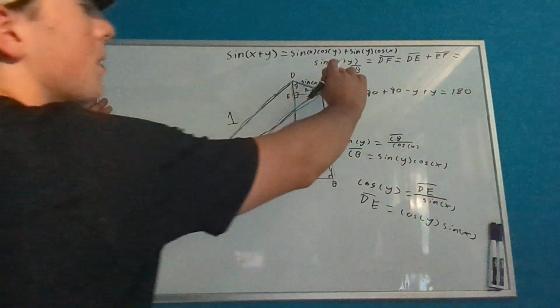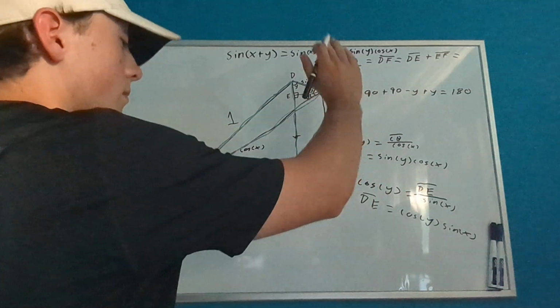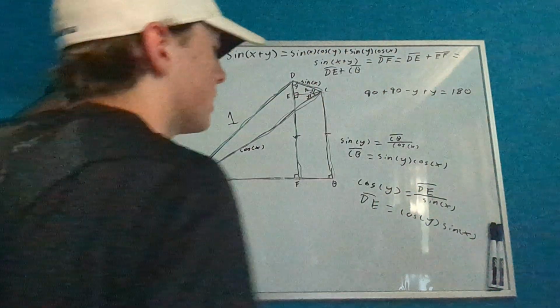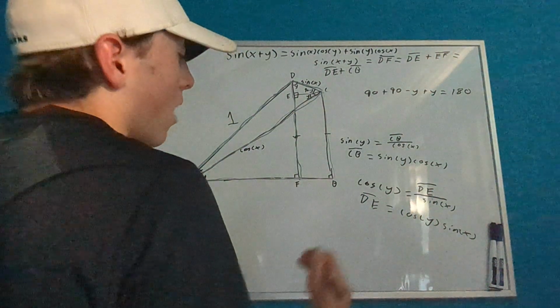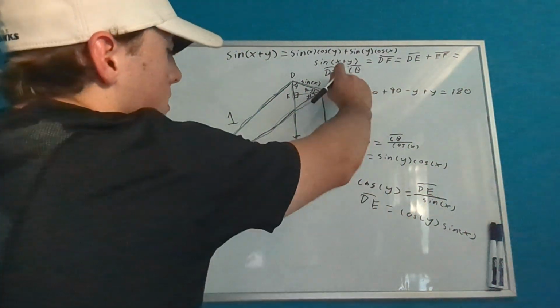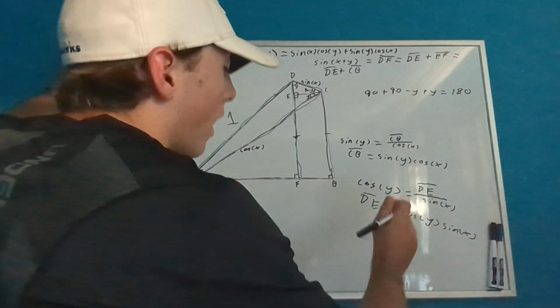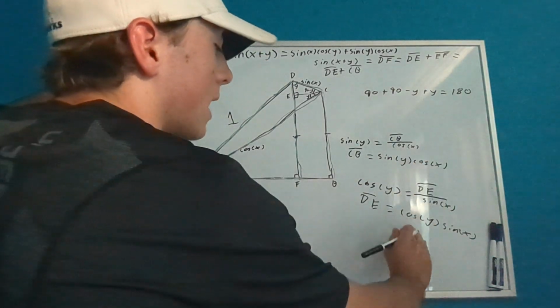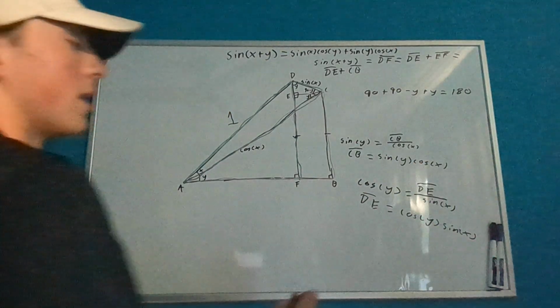Now, let's come back up here. We already know that sine of x plus y equals line segment DE plus CB. Now we can change out DE plus CB with cosine of y times sine of x and sine of y times cosine of x.